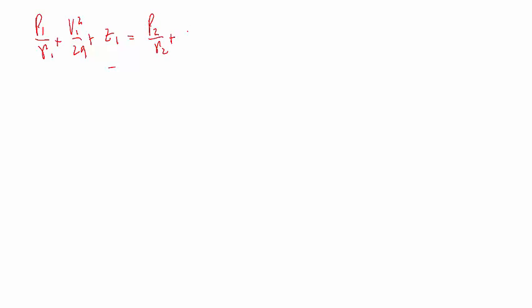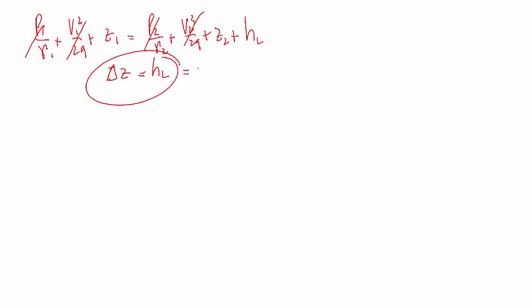Equals P2 over gamma plus V2 squared over 2g plus z2 plus the losses. It's two reservoirs open to the atmosphere. The pressures cancel. The velocities cancel. So this change in elevation is the head losses, and this is 20 meters.